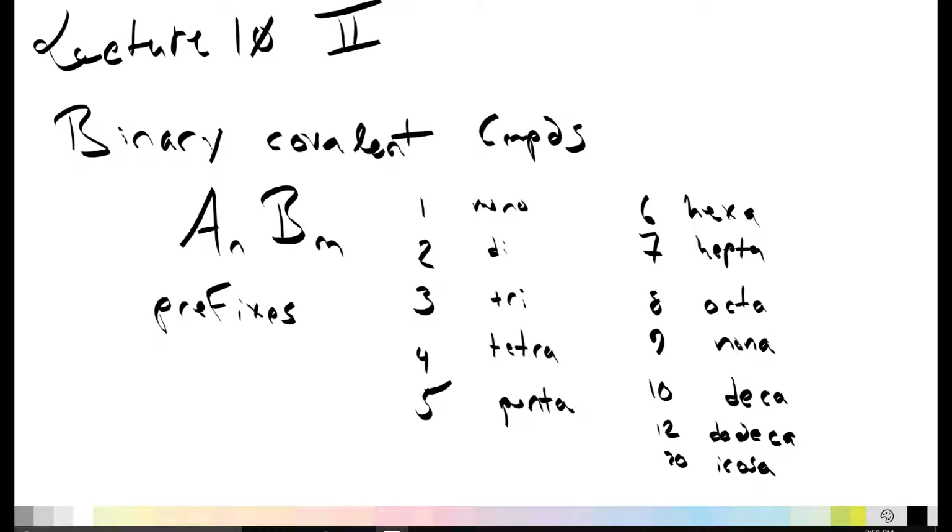You need the prefixes because, unlike ionic compounds, the subscripts are not fixed by the elements and ions involved. Remember, you can get nitric oxide, dinitrogen monoxide, nitrogen dioxide, dinitrogen dioxide, and so on. There's like a dozen of them. So you have to have the prefixes in there.